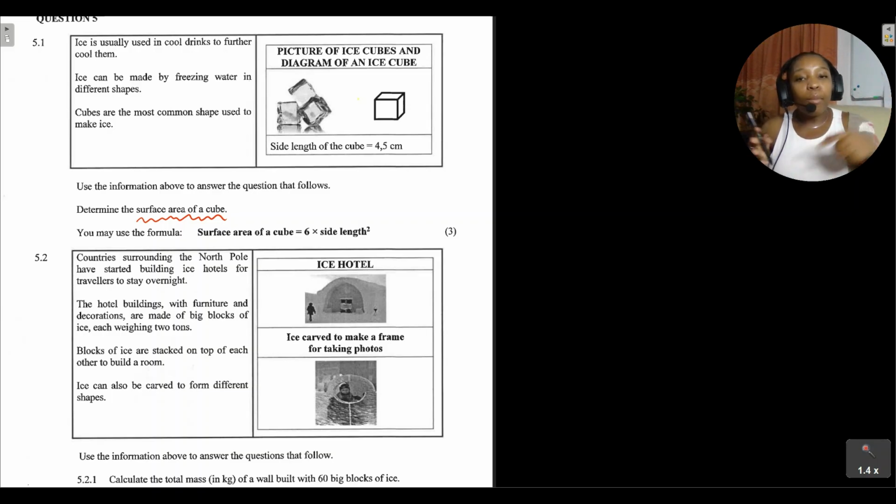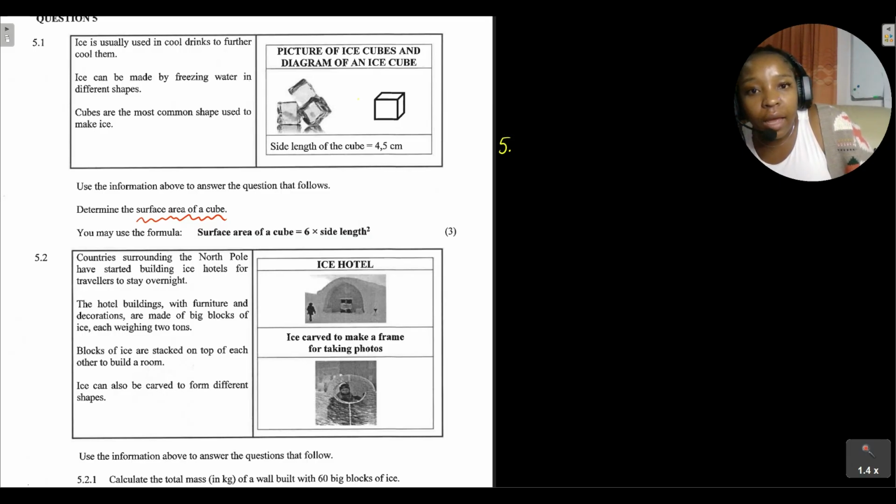Then we add up all those areas. But what do we know about all the faces of a cube? They have the same area, because all the sides of a cube are equal. So what do we know then? They've just simplified our life for us there.